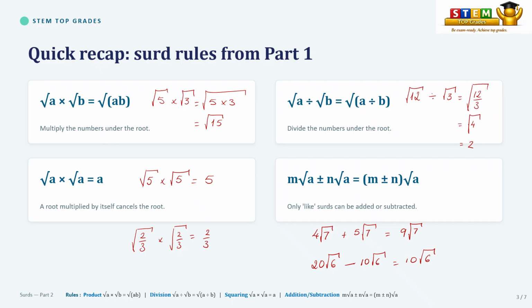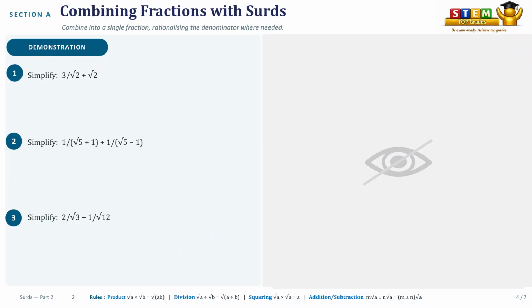And now we're going to move on to section 1, which is about combining fractions with surds. So let us see how that works. The first question is to simplify a fraction plus another whole surd.